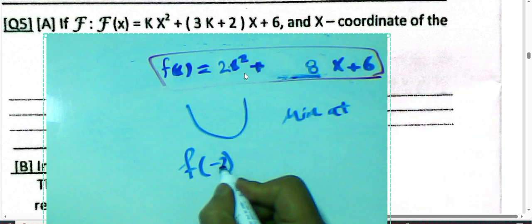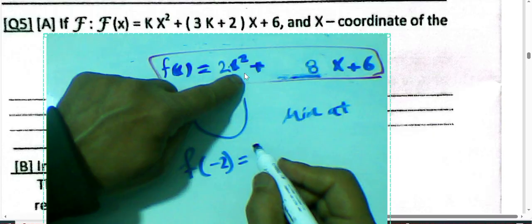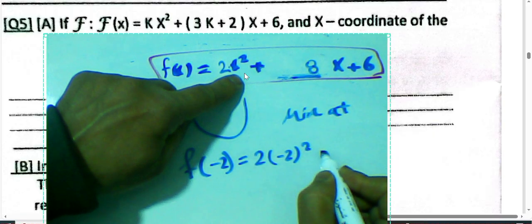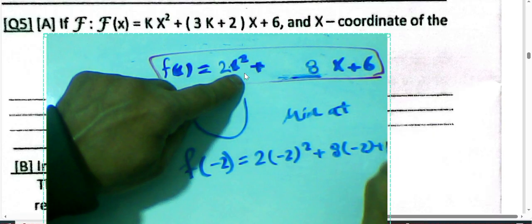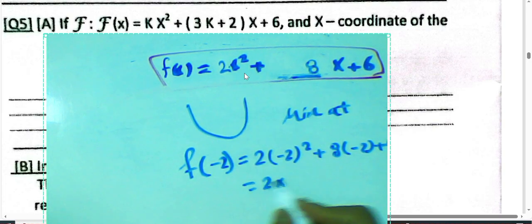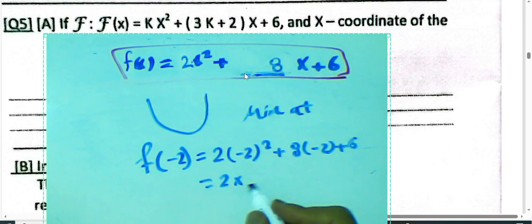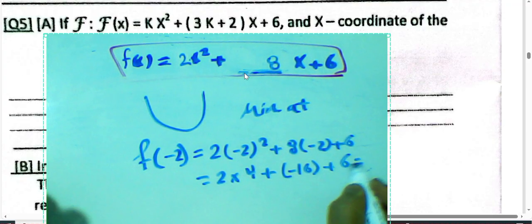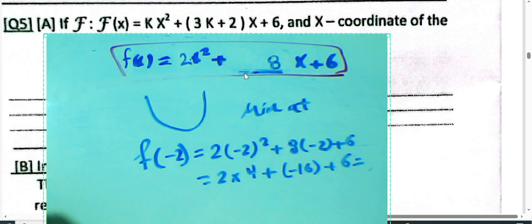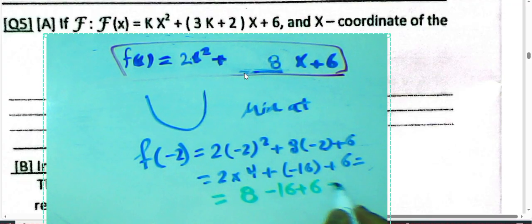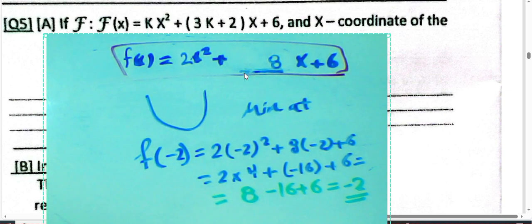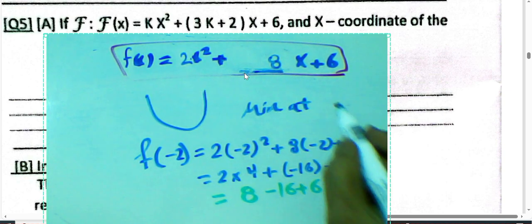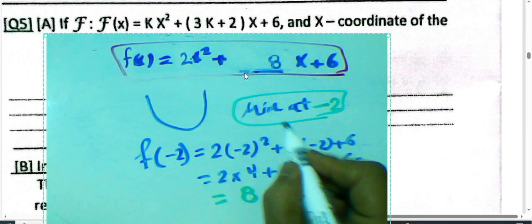Then f of negative 2 equals 2 times negative 2 power 2 plus 8 times negative 2 plus 6. 2 times 4 equals 8, and 8 times negative 2 is negative 16, plus 6. 8 minus 16 is negative 8, and negative 8 plus 6 is negative 2. Then the answer here will be negative 2. Then the minimum value is negative 2. Understood?